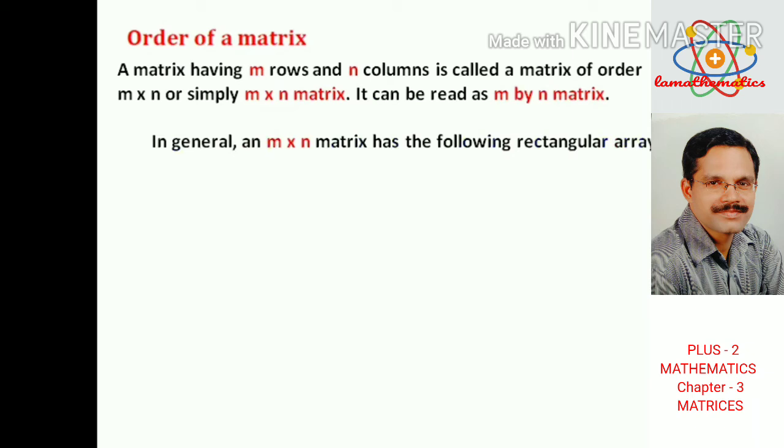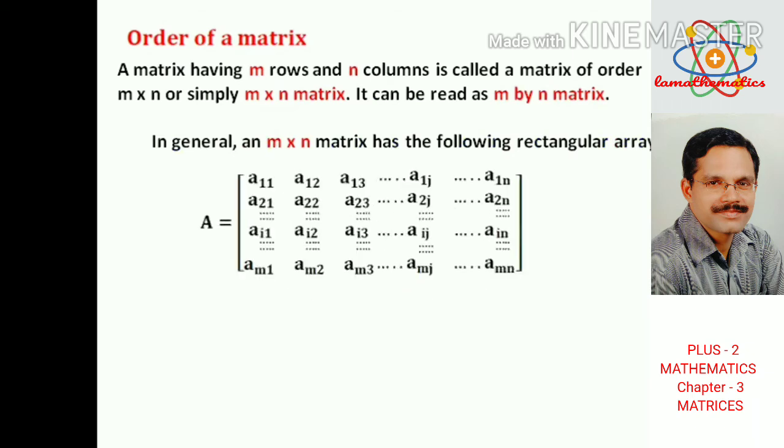In general, an m by n matrix has the following rectangular array. Capital A equal to matrix: A11, A12, A13, etc., A1j, etc., A1n.